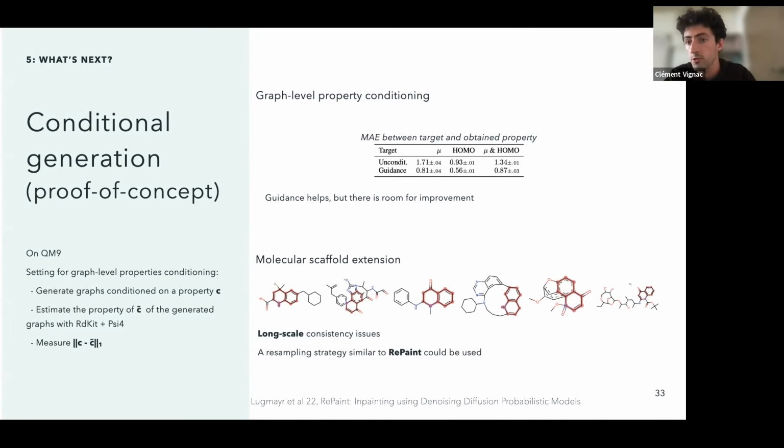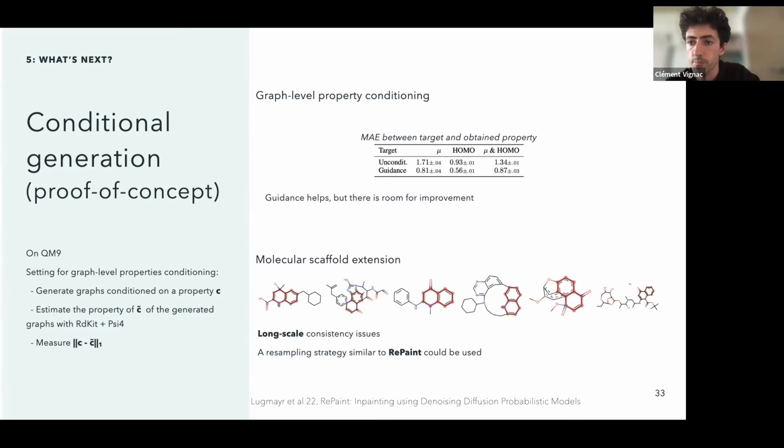Then when we have new graphs, we need to estimate their properties as well, so we use a software called Cypher for this. And we measure the distance between our target property and the properties that we obtain. What we observe here is that guidance helps. It reduces the distance between the obtained property and the target. But still, there is quite a lot of room for improvement.